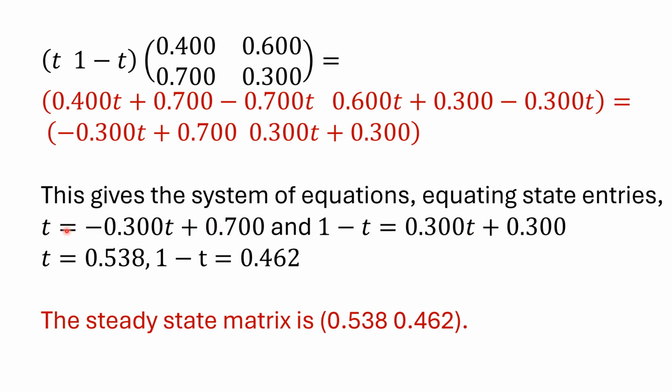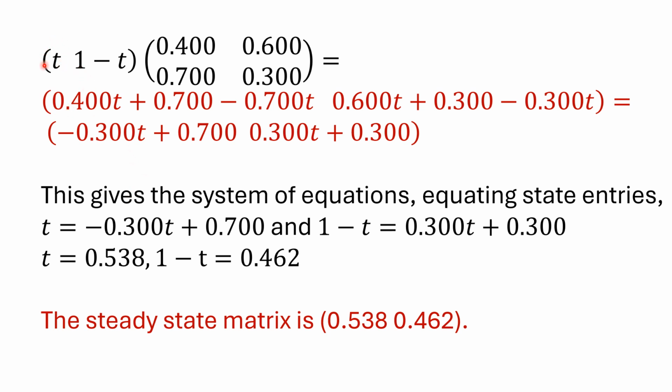In this case, we're going to end up with a linear equation. What makes it a system of equations is that T and 1 minus T must add up to 1. We would be solving something a lot more difficult than a linear equation if we have multiple additional states.